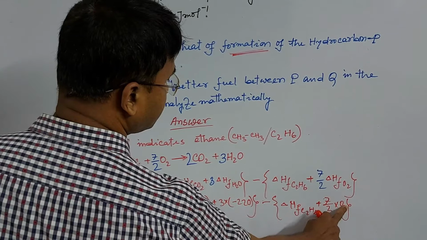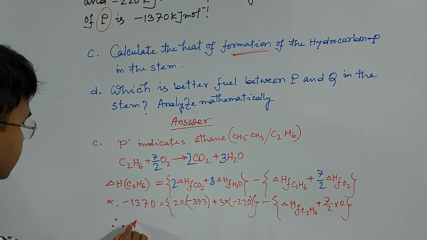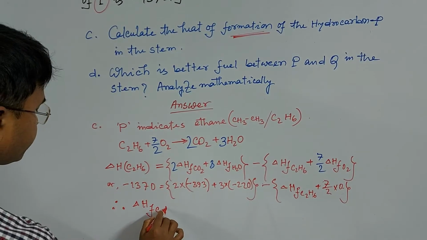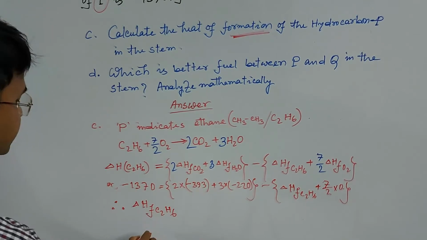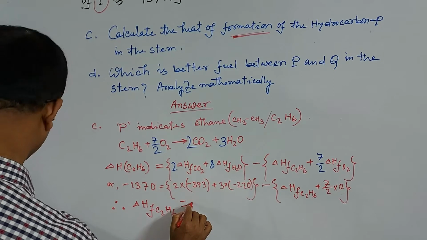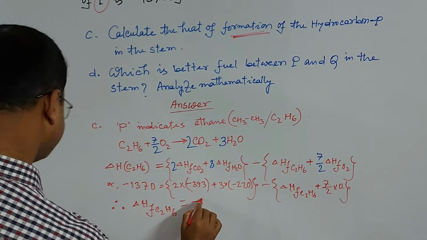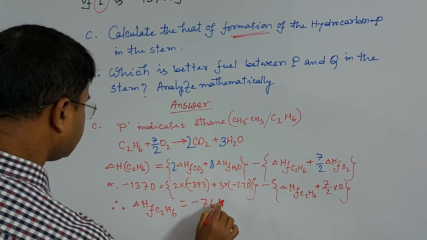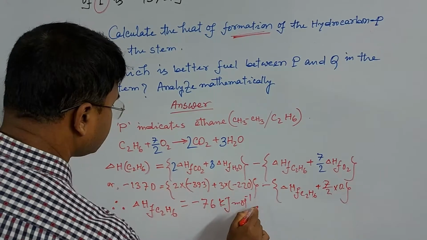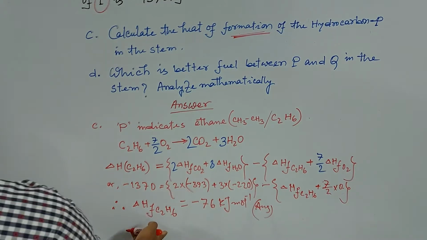So delta HF of C2H6, the heat of formation of ethane, is equal to minus 76 kilojoule per mole. That's all about the heat of formation of ethane.